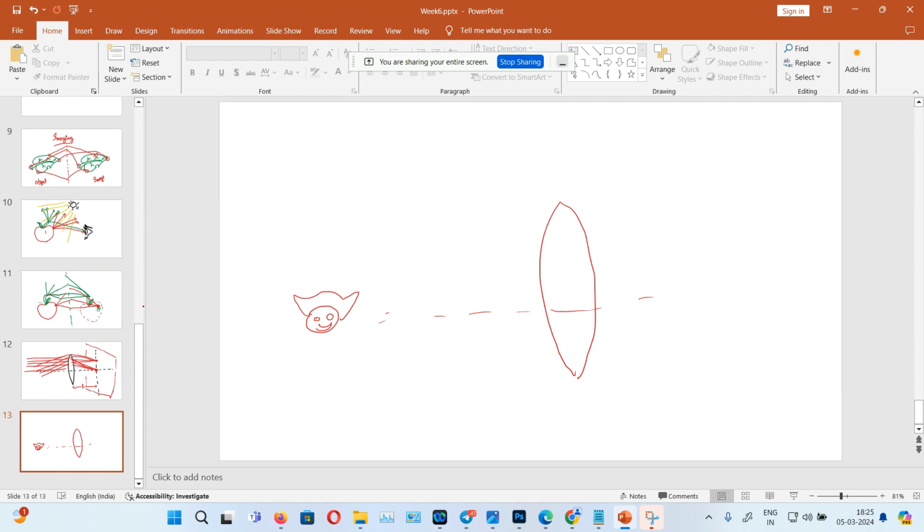The light which is coming, I can consider almost all as parallel rays here, and that will reach the lens and pass through the focus.